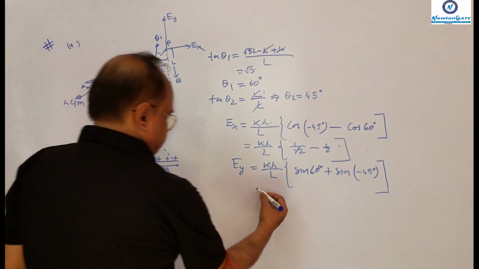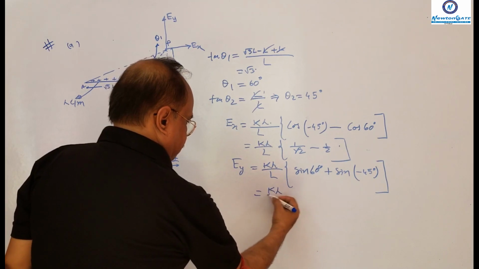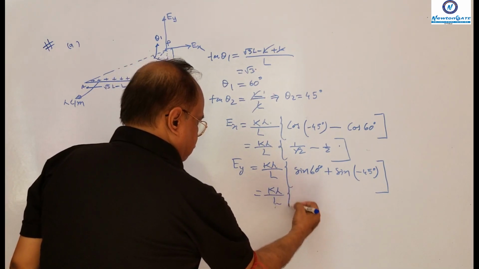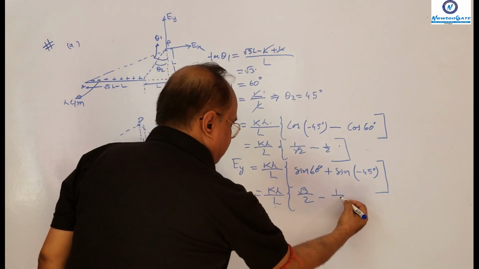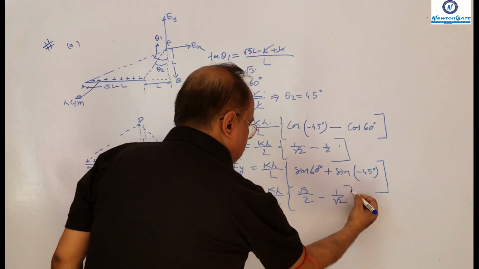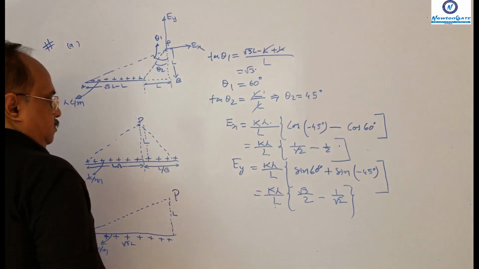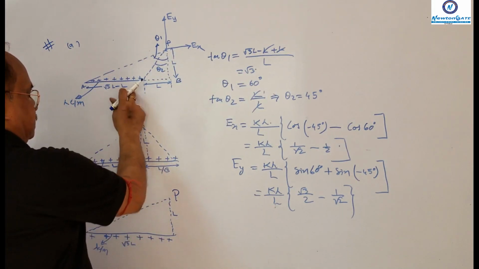So it will be K lambda by L, sine 60 degrees is root 3 by 2, minus 1 by root 2. That's your answer for this case.